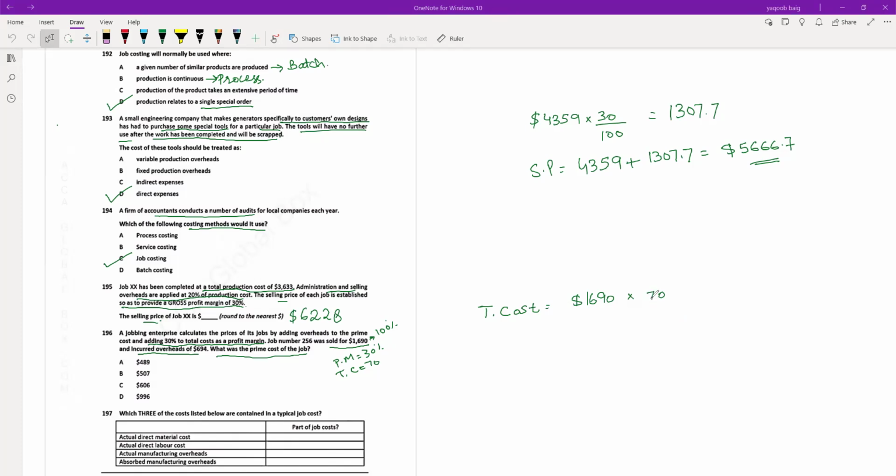So, into 70 divided by 100. So we have $1183 as a total cost. This one is 30% to total cost as profit margin.